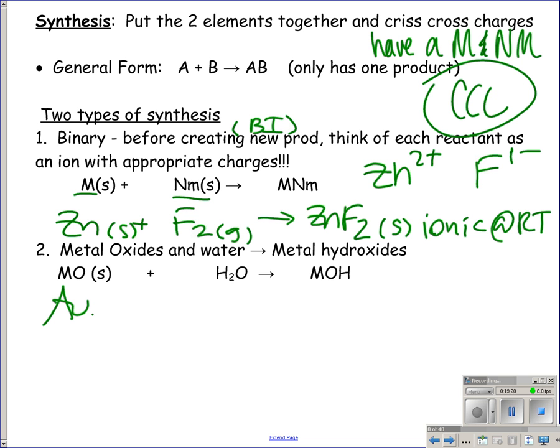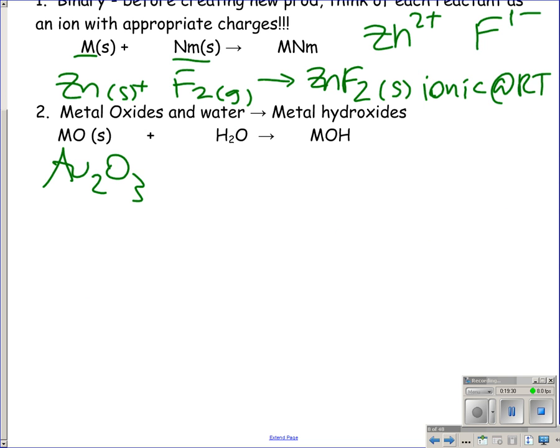Anybody? Au2O3. Where am I getting this 2 from? From oxygen. You're crisscrossing in your head this 2 down and this 3, because I just told you gold had a 3 charge. So gold oxide plus water is going to yield a metal hydroxide. OH, remember hydroxide? Yeah, this one? All right, so when I put this together, Au goes in the front, hydroxide goes in the back. What am I missing?